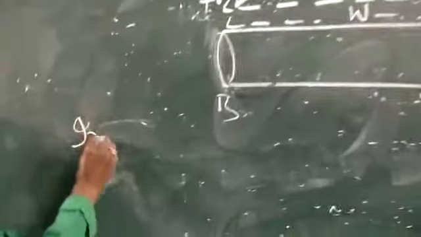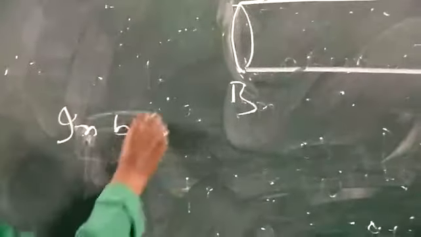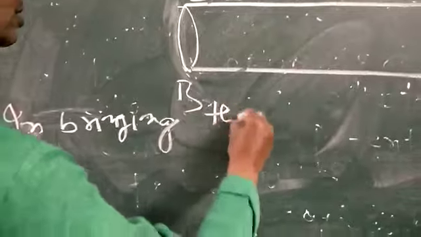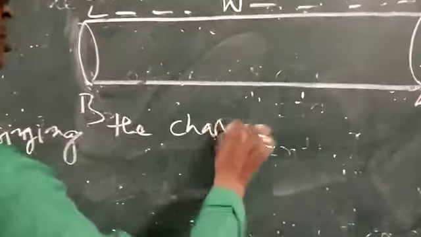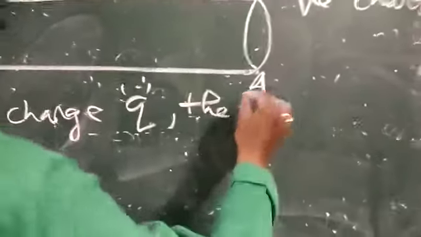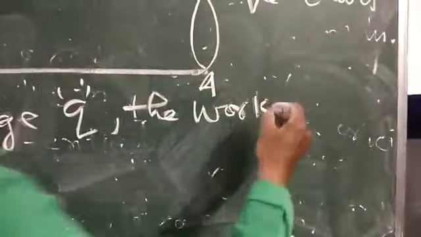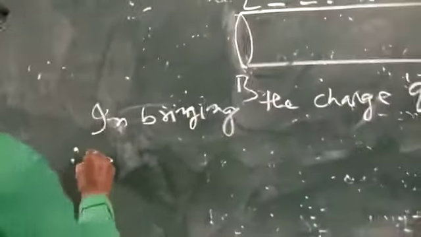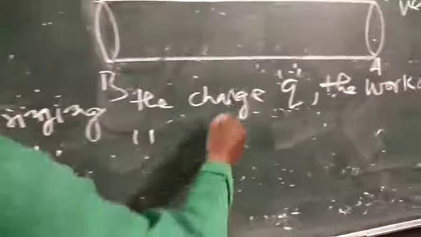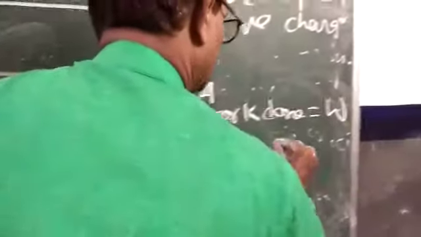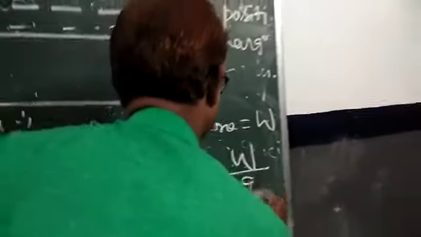In bringing the charge Q, the work done is equal to W. Therefore, in bringing 1 unit positive charge, the work done is equal to W by Q.